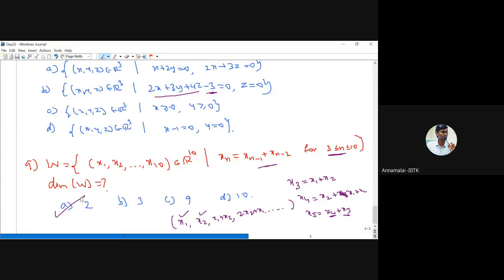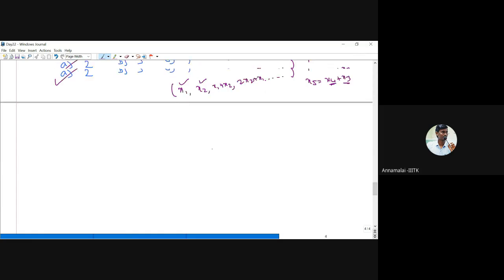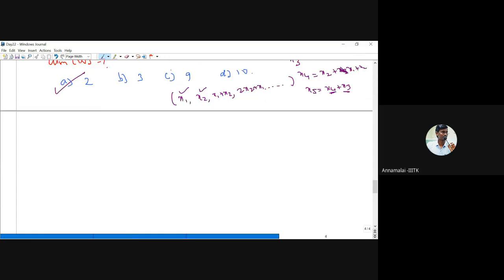Okay, now another question from group theory, 10th question. Suppose G is a cyclic group of order 24.